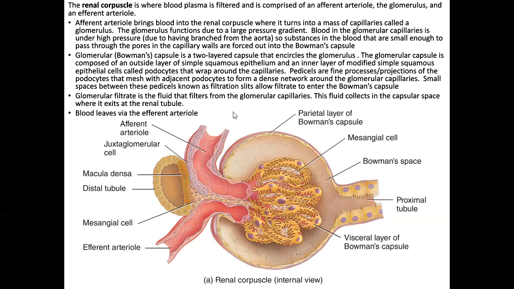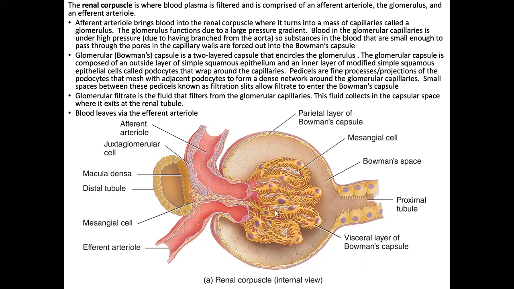So the blood comes in. This is whole blood, so it's still got all the stuff that it would normally have. And that afferent arteriole then transforms into a mass of capillaries called the glomerulus. This glomerulus is hard to see because there are cells surrounding the capillaries.